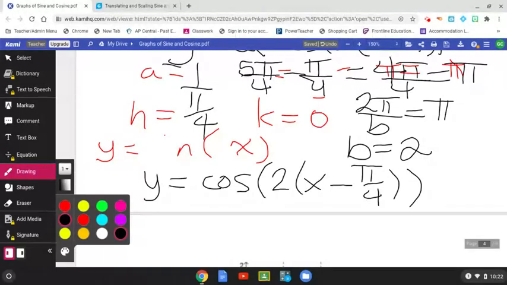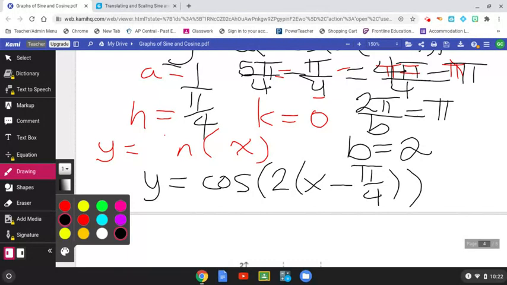A couple things I was trying to show you there: given that one graph, we were able to write an equation for sine and an equation for cosine. Obviously the equations were a little different, but to write the equation, all we had to do is look at the graph, determine a, b, h, and k, and then plug them in.